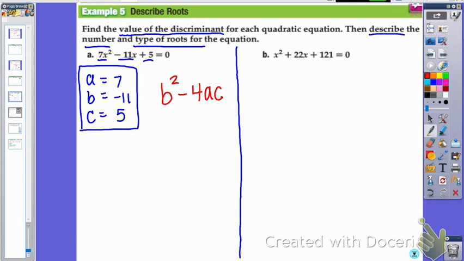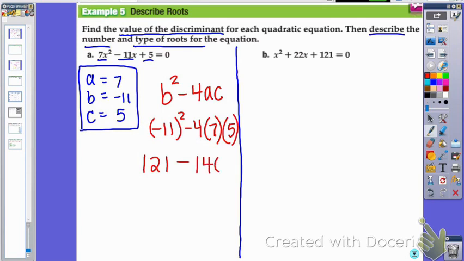So b squared, well, that's negative 11 squared minus 4 times 7 for A times 5 for C. So negative 11 squared is 121 minus 4 times 5 is 20 times 7, which is 140. So I'm going to get negative 19. That is the value of the discriminant, which means you would have a negative under your square root, which means you're going to have 2 complex roots. So they're going to be imaginary.